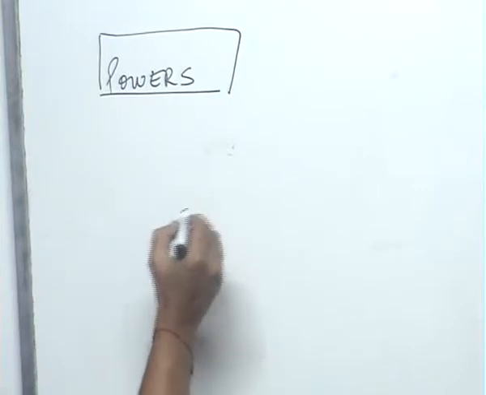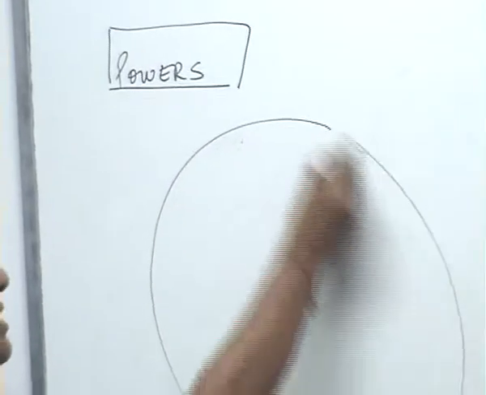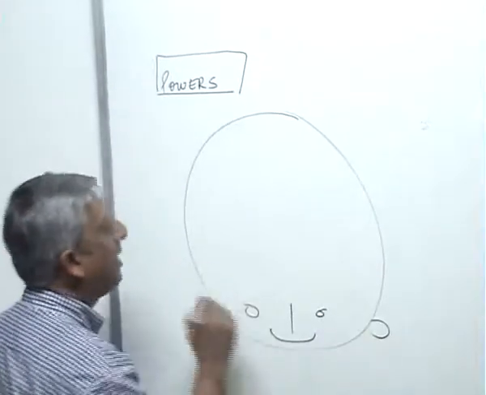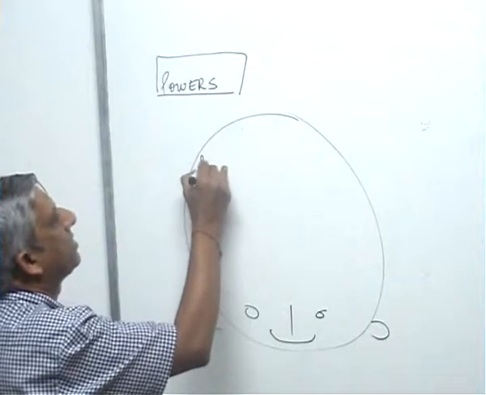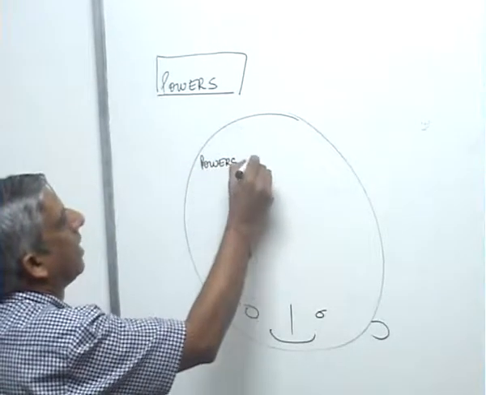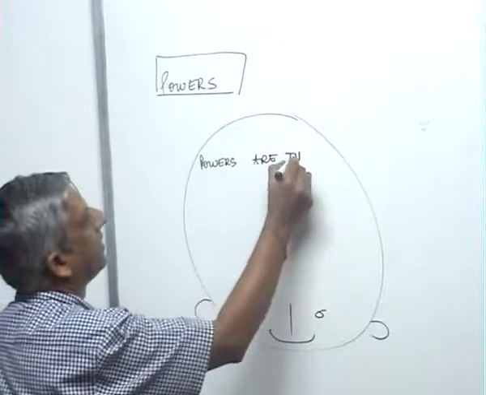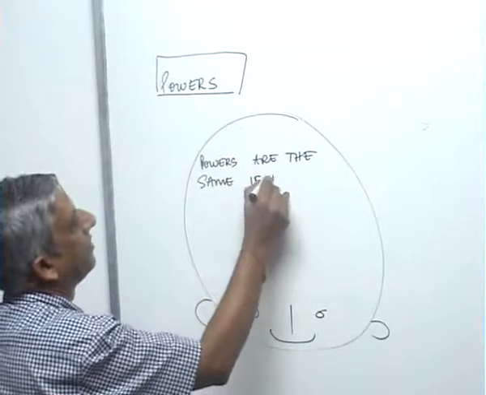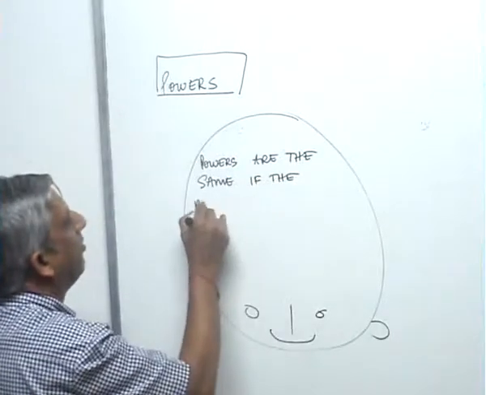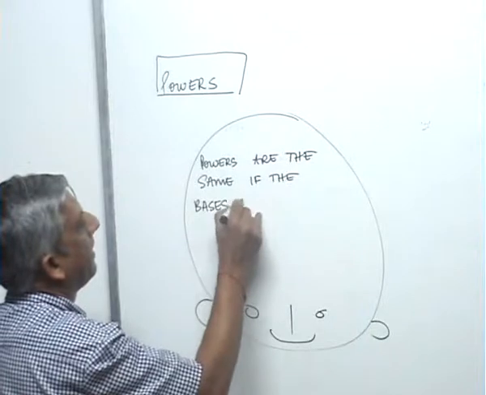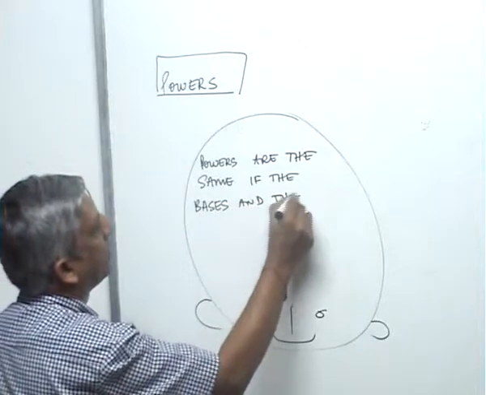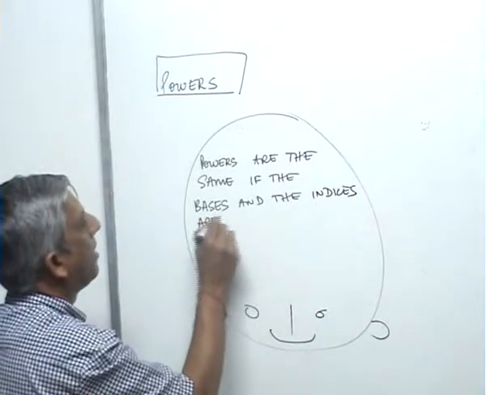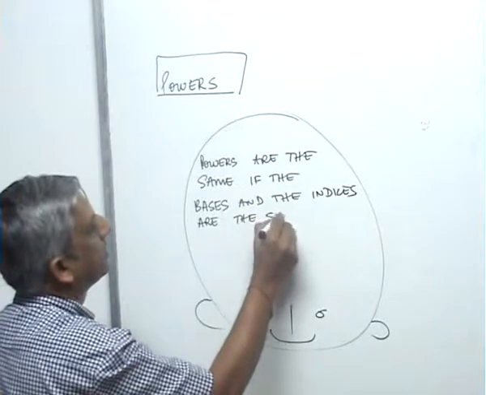Alright, so to summarize, in our minds we should be very, very clear that powers are the same if the bases and the indices are the same.